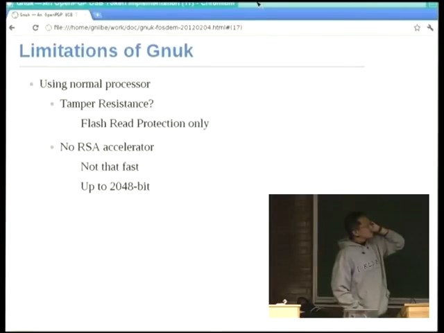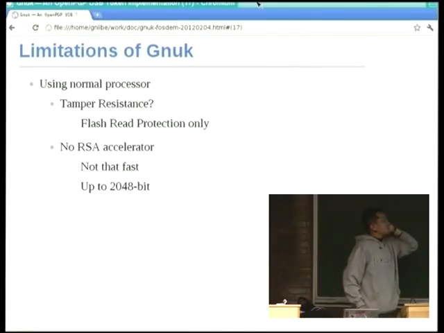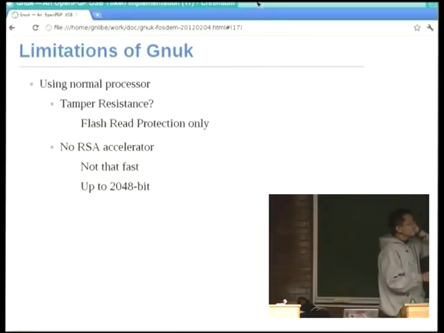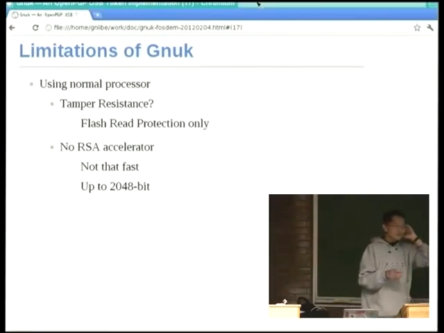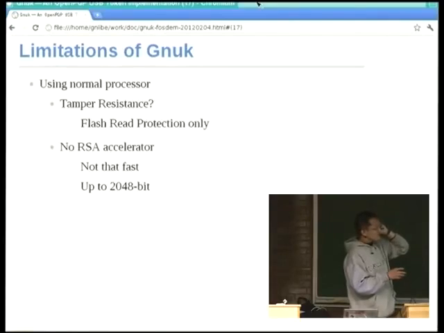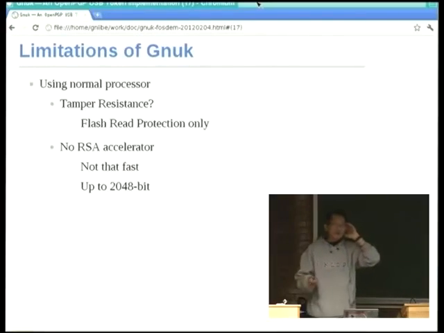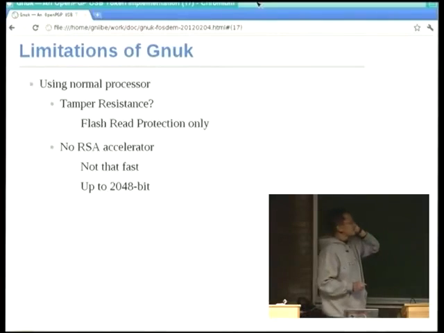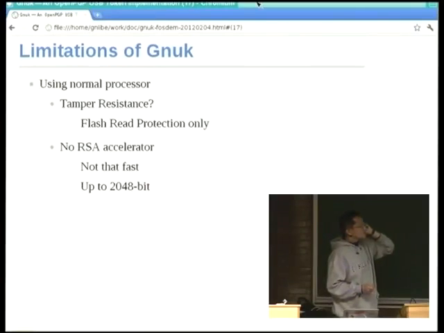This slide explains the limitations of Gnuk. I use a normal general purpose embedded processor. It means that it is not that tamper resistant. The tamper resistance feature of a general purpose processor is not that great compared with a smart card or other special purpose processor, and it depends on its flash read protection feature.